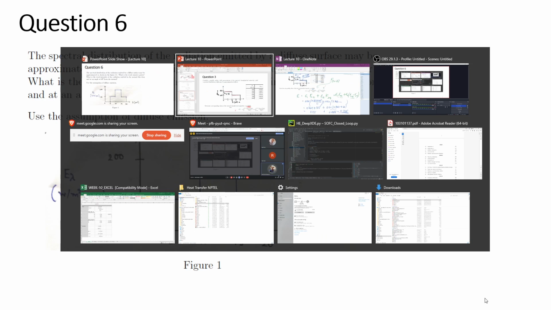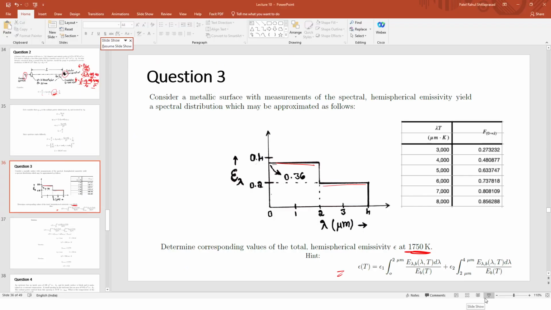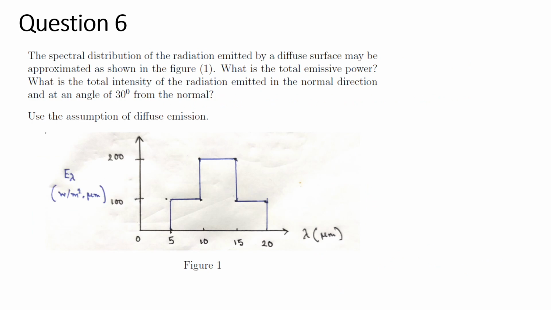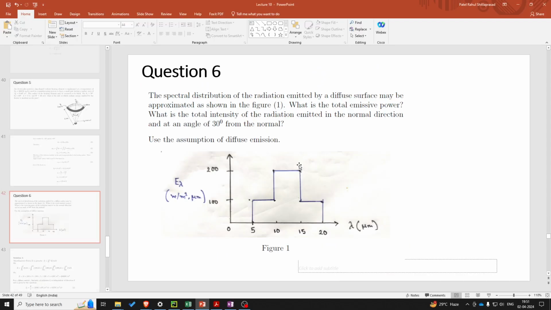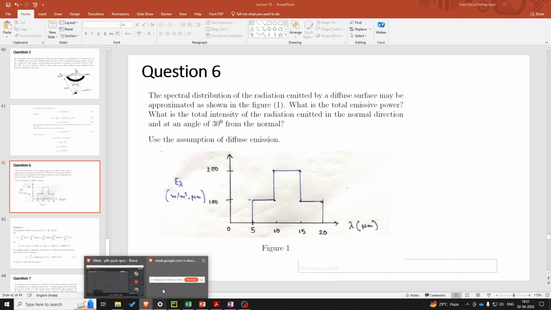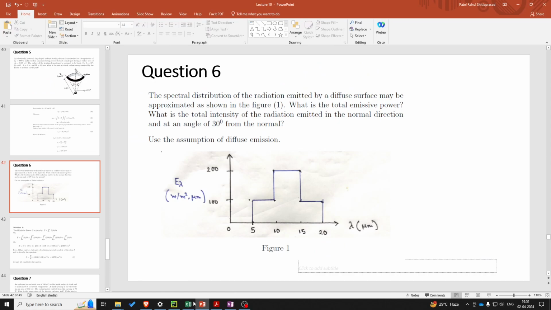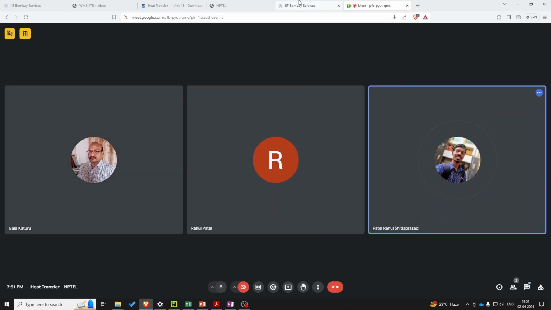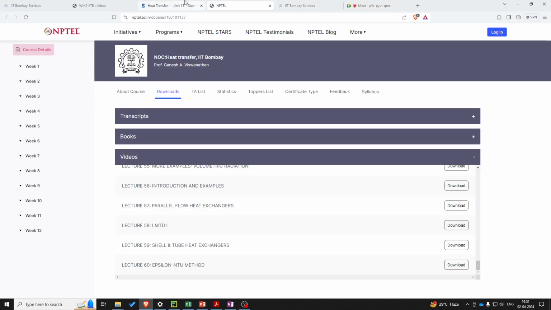In the assignment, problem number 3. Okay, I'll just check it. Let me just see the question first. I have stopped sharing the screen.